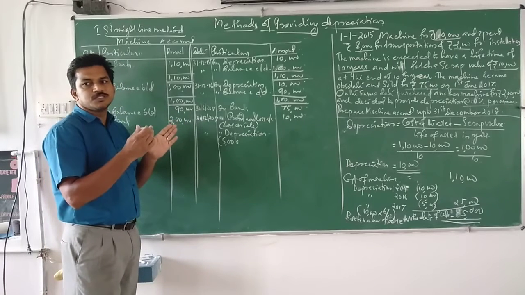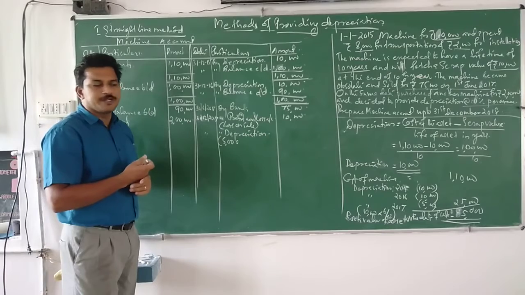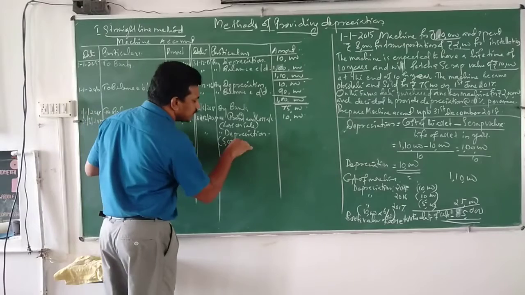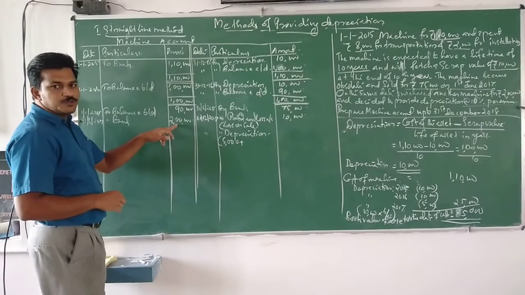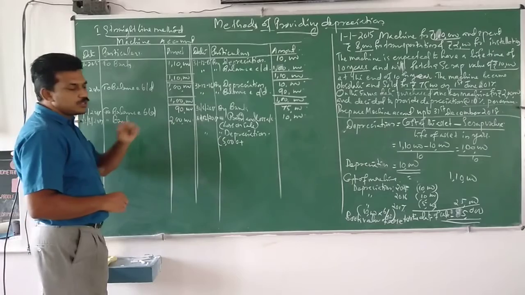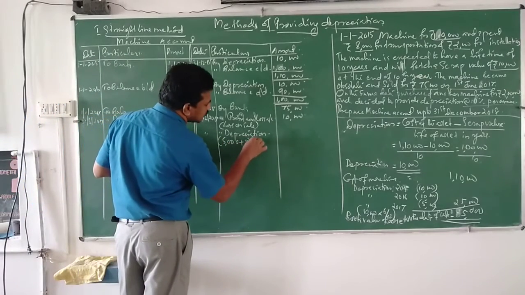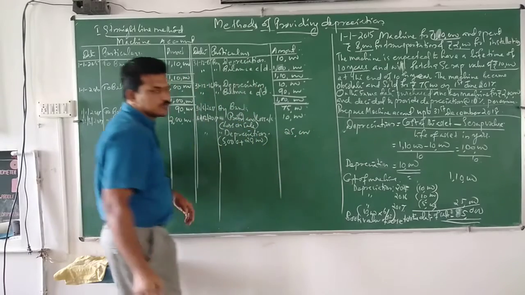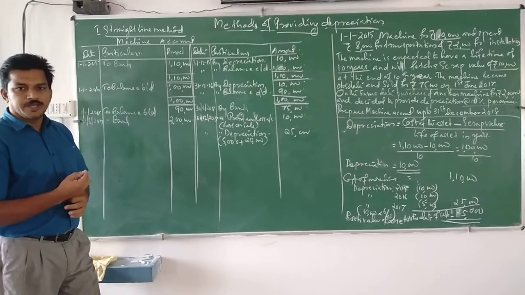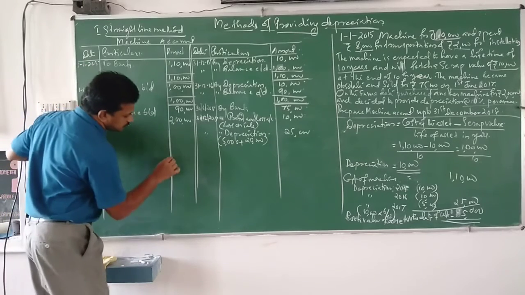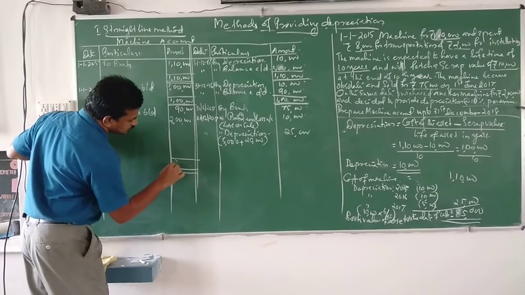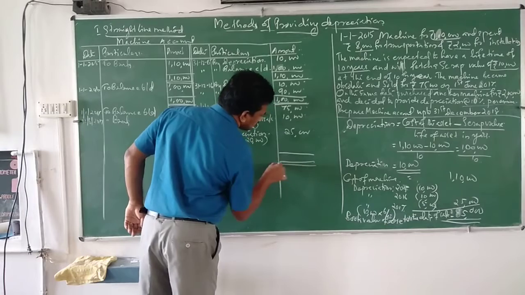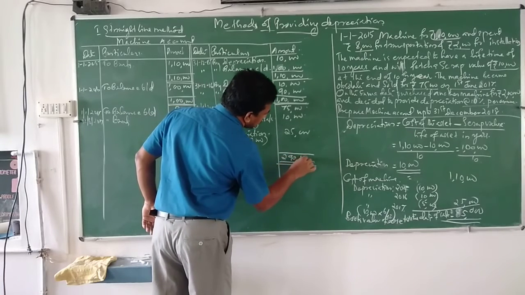So 10,000 into 6/12, 6 months we have to consider, so that is 5,000, plus the new machine purchased, 2 lakh into 10%. How much? 20,000. So total depreciation for that year is 25,000. Now let us balance that amount, 2,90,000.